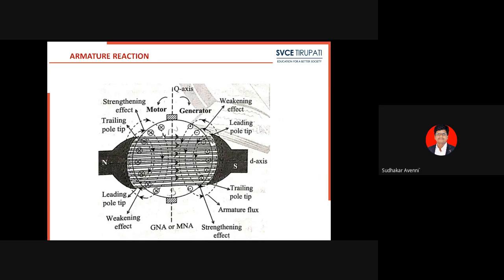Because of demagnetization, there is reduction of net flux, so the generated voltage is reduced, and the load voltage or terminal voltage also reduces in the generator. In the case of a motor, speed increases and torque decreases.